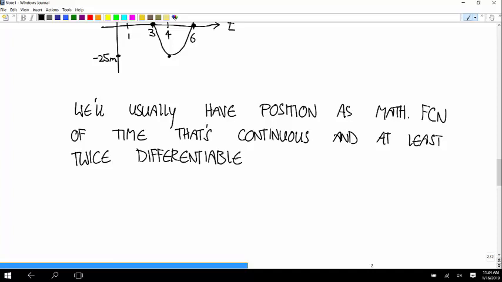And we'll see why it's going to be important to be twice differentiable when we talk about velocity and acceleration.